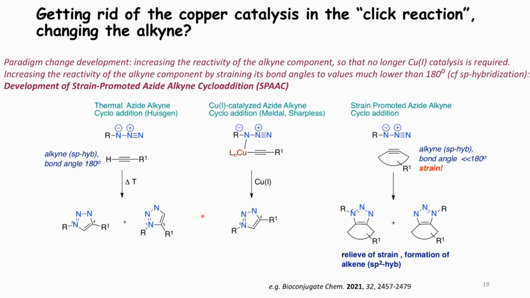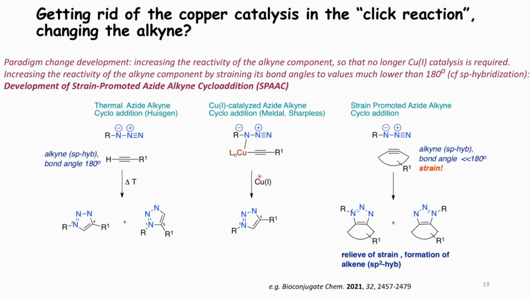The Nobel Prize finding of Morten Meldal and Barry Sharpless was cranking up the reactivity of the alkyne and making sure that it also could donate the azide to the copper moiety, and it leads to this nice 1,4 adduct.